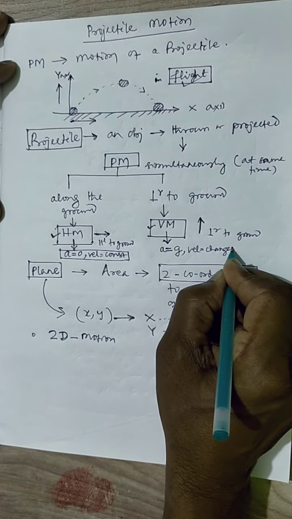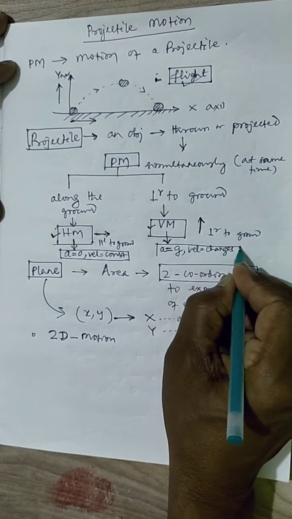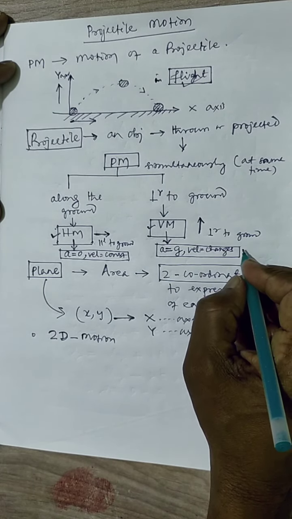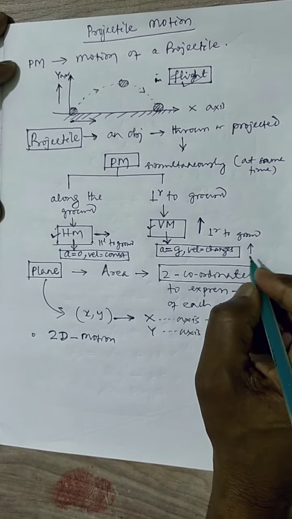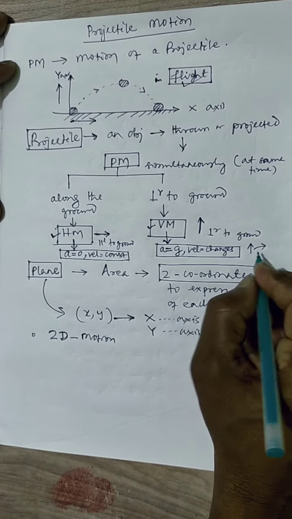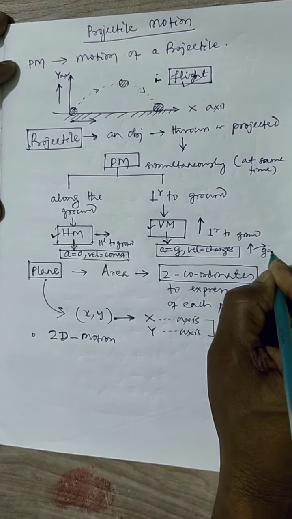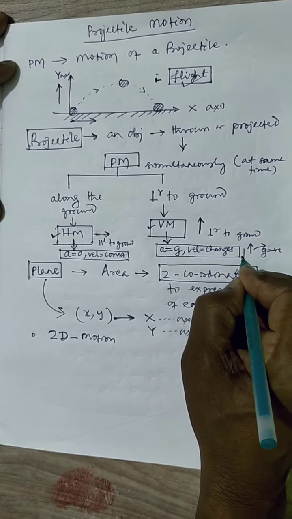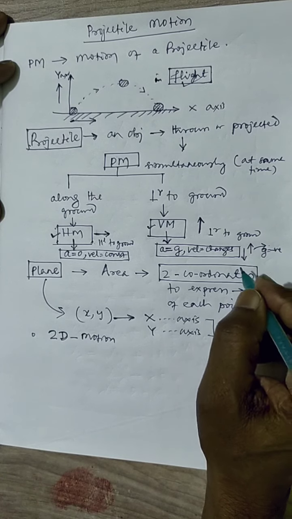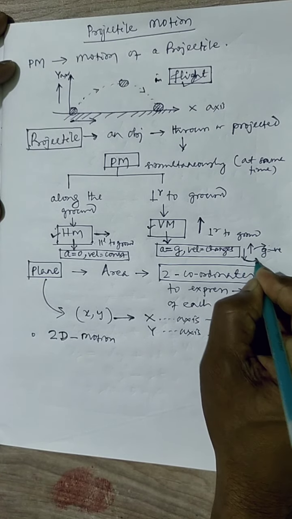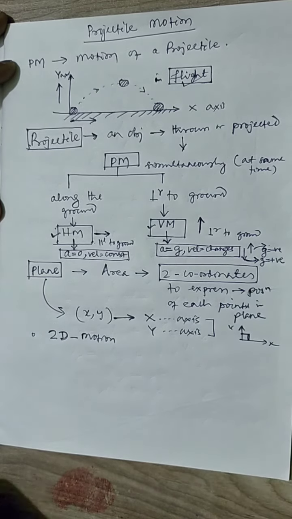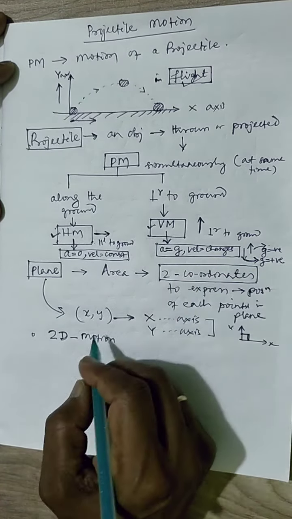When the object moves from ground towards upward, velocity decreases and g is negative. When object moves from height towards ground, g is positive.